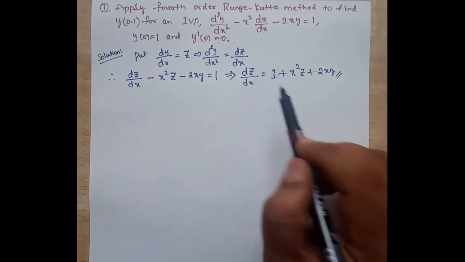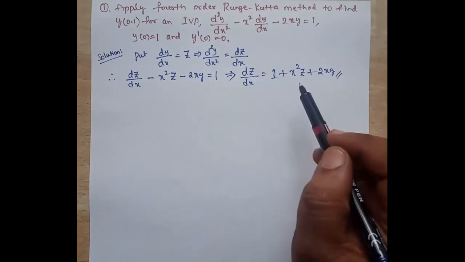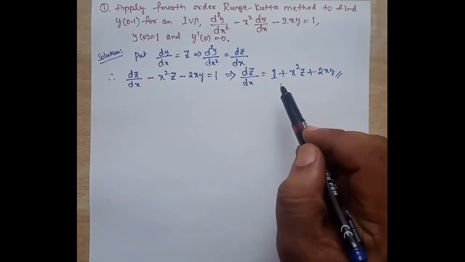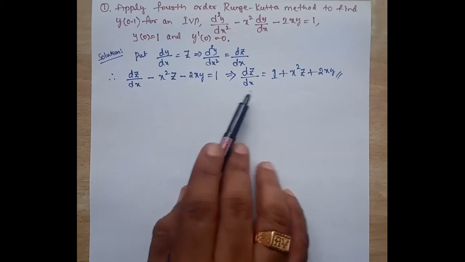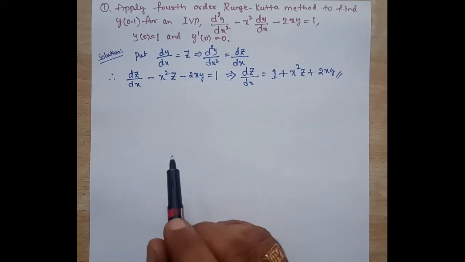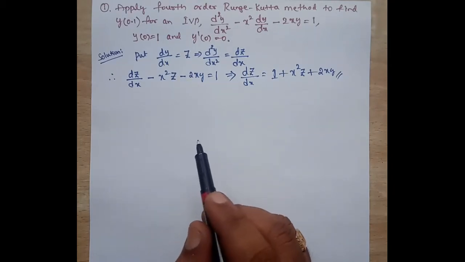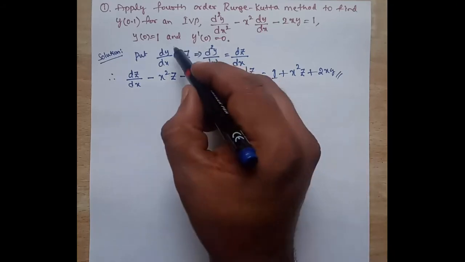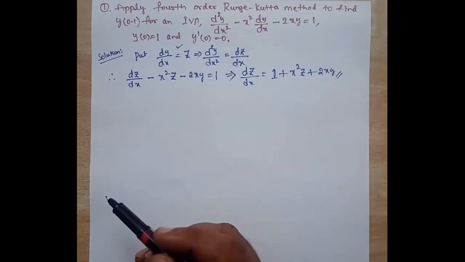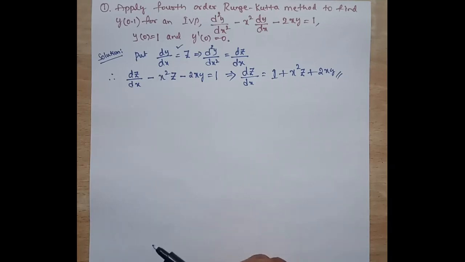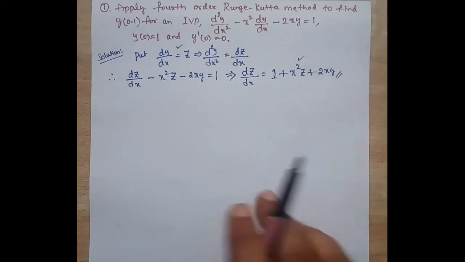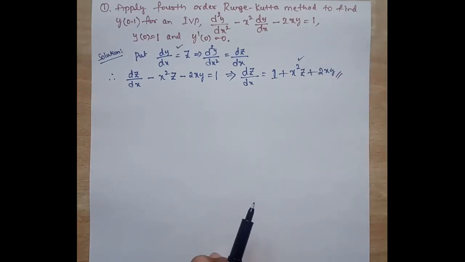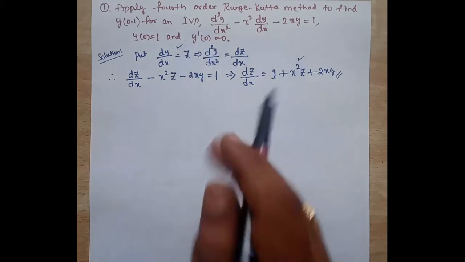Now once we get this, according to the working procedure, the second step is we consider the two first order differential equations obtained here. So what are the two first order equations? See here, this is one first order equation, dy by dx is equal to z, the substitution we have chosen, and this is the simplified equation, and the order of this is also first order. So let us write these two equations first.